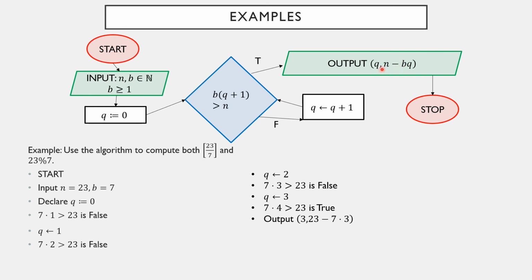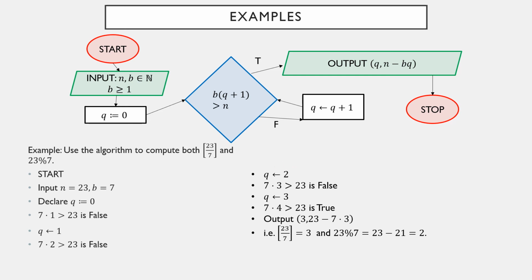So I output 3, that's my current value of q, then 23 minus 7 times 3. So in other words, I output the first number, 3, that's my quotient q. 23 minus 21 is 2, that's my remainder.